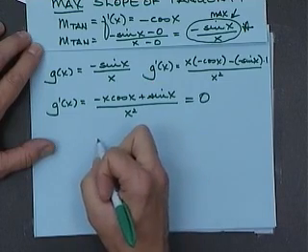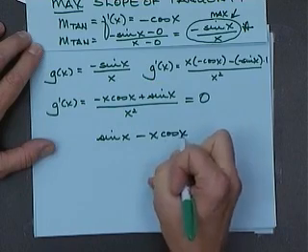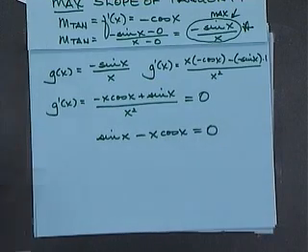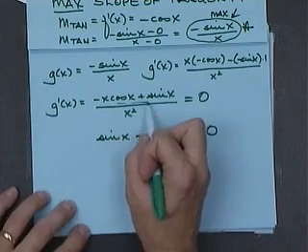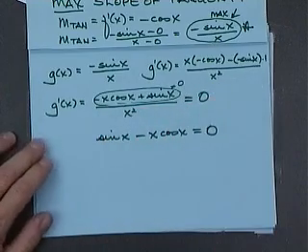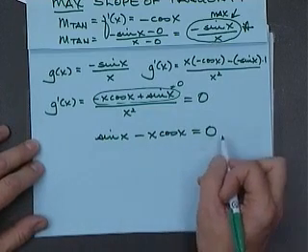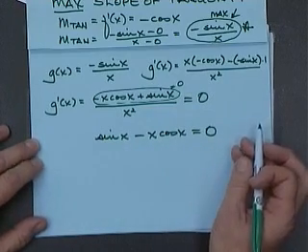So we want to know where the sine of x minus x cosine of x, I just rearranged it so this subtraction was second instead of first, because we want to know where this numerator is equal to 0. So how do we find where something is equal to 0? Newton's method.